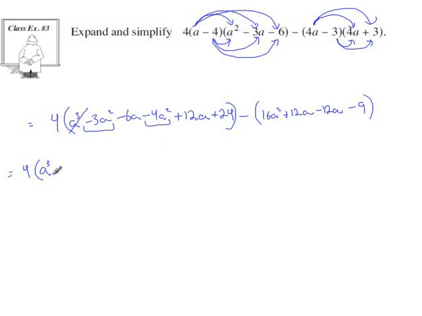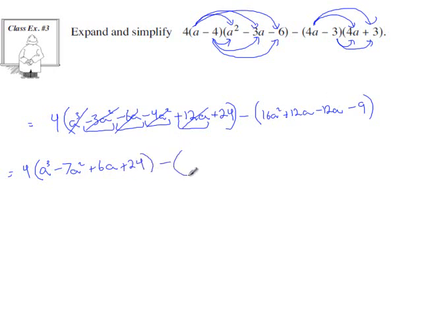So negative 3 minus 4 is negative 7, so I get negative 7a squared. Then my a terms, I have a negative 6a plus 12a. So negative 6 plus 12 is positive 6, so positive 6a. And I have a positive 24 there as well.